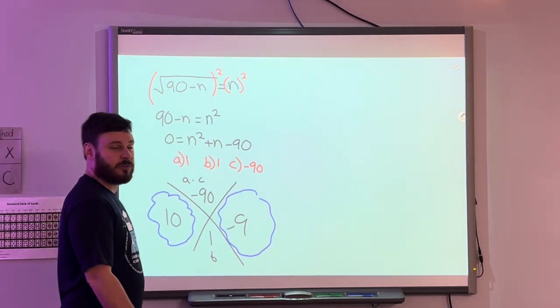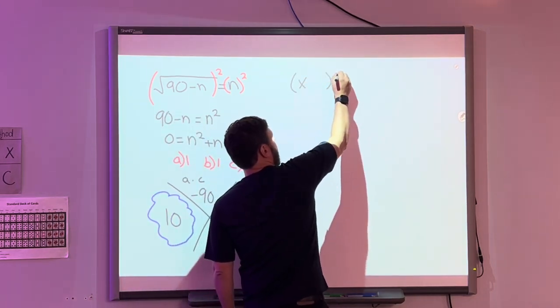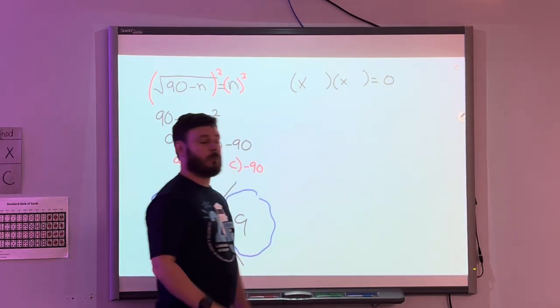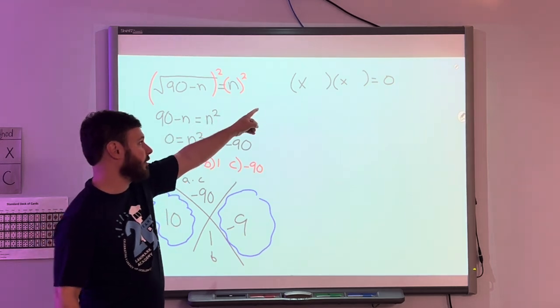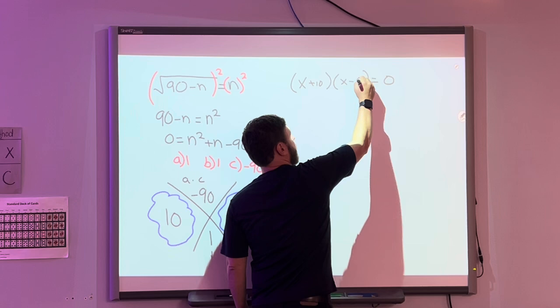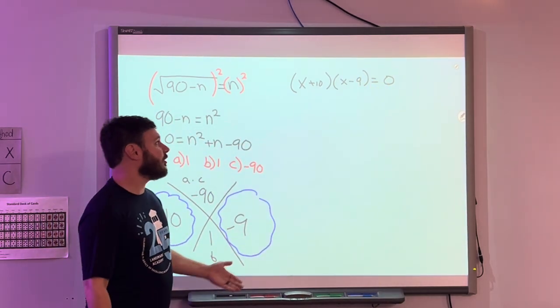All right, so we're going to start filling in these factors. These cloud numbers just get copied and pasted right up in here. So plus 10 minus 9. Now, at this point, I have to solve for each of these.